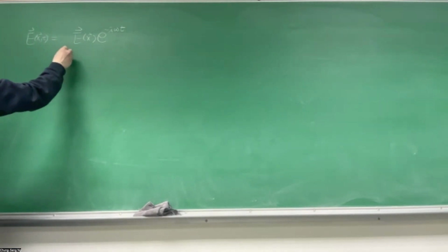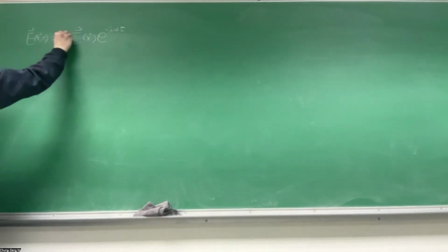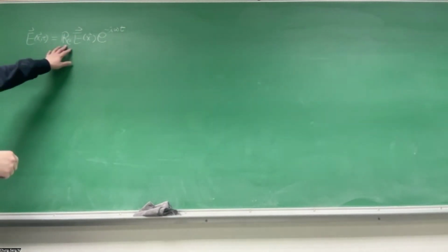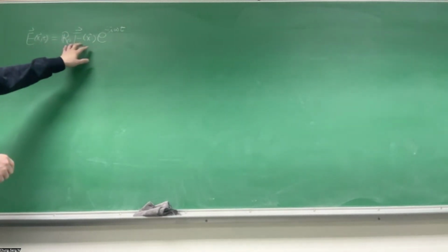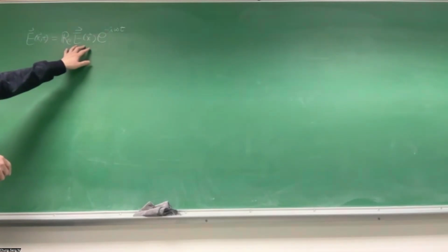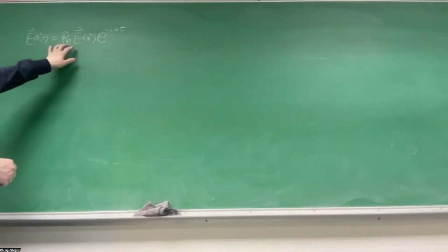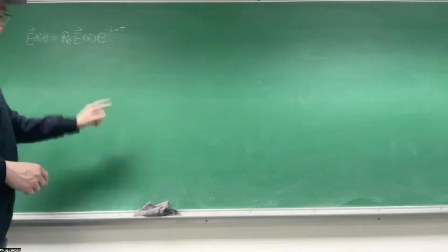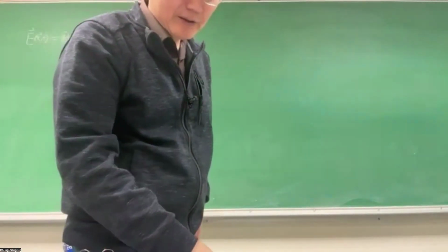What is implicit is that you take the real part. So usually we ignore this notation and write it like that, assuming that we're taking the real part anyway. But if we want to be explicit, we can add back this notation, taking the real part of that.